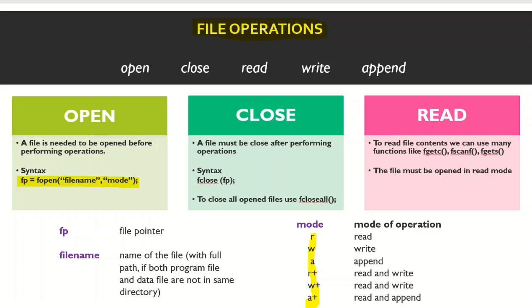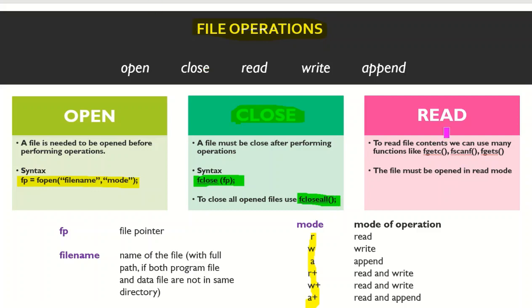The second operation is the close operation. After performing some operations, we have to close the file by using the syntax fclose(file pointer). If a number of files are opened, we can close all these files by using fcloseall.